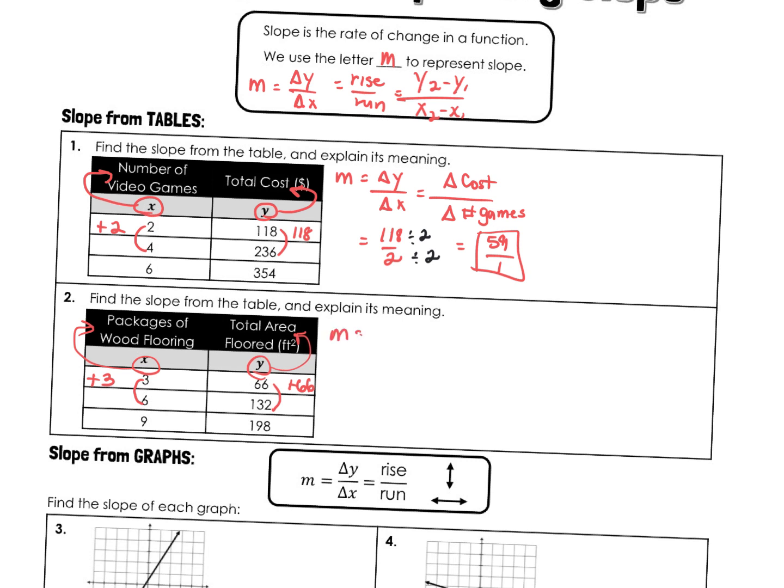So the slope equals, again, the change in y over the change in x. The change in y is 66. The change in x is 3. And we must simplify, so we're going to divide both by 3. And we get 22 over 1, and that is the slope.